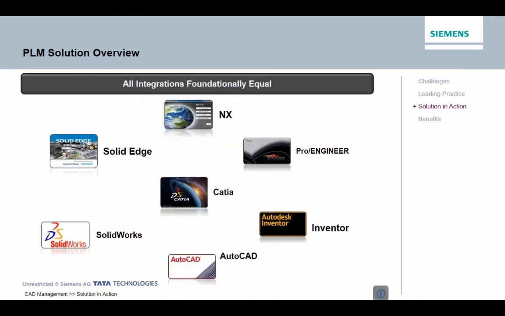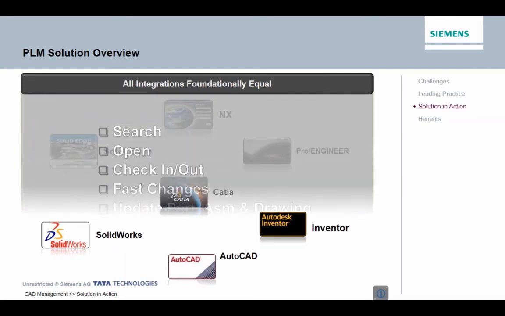Now, coming to the Teamcenter solution for CAD integration, Teamcenter has integration to almost all commercial CAD systems, including competitor CAD. So we have integration to NX and SolidWorks. Then we have integration to ProE, Catia, Inventor, AutoCAD, and SolidWorks.